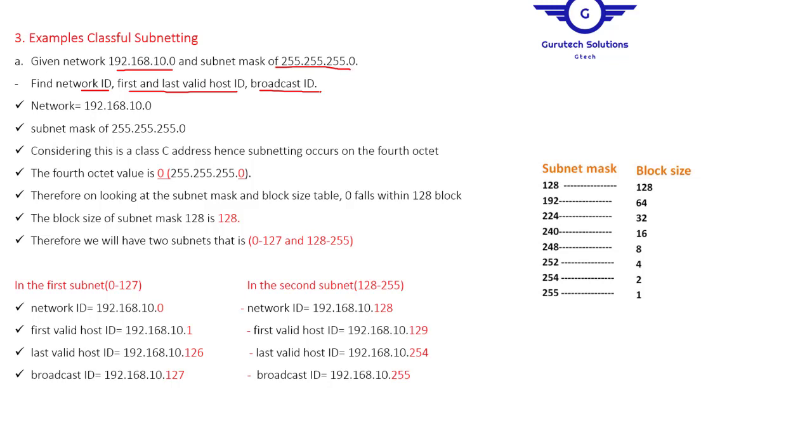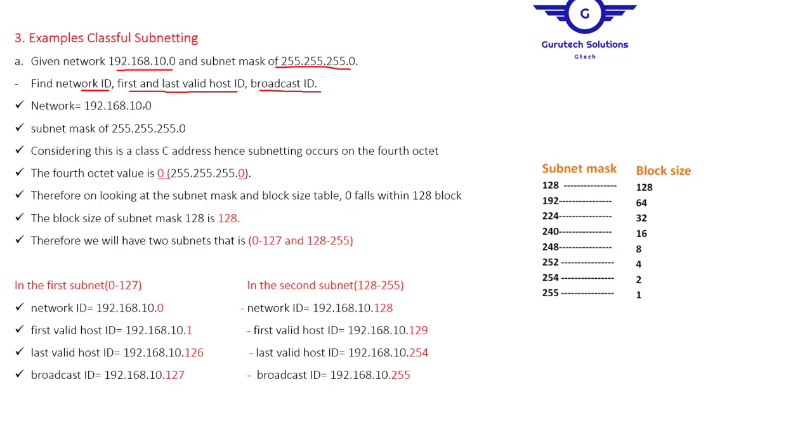A broadcast ID is the last IP address in that subnet. Before you move to the next subnet, that last step to move to the next subnet is called the broadcast ID. So for example, let's do a simple calculation.